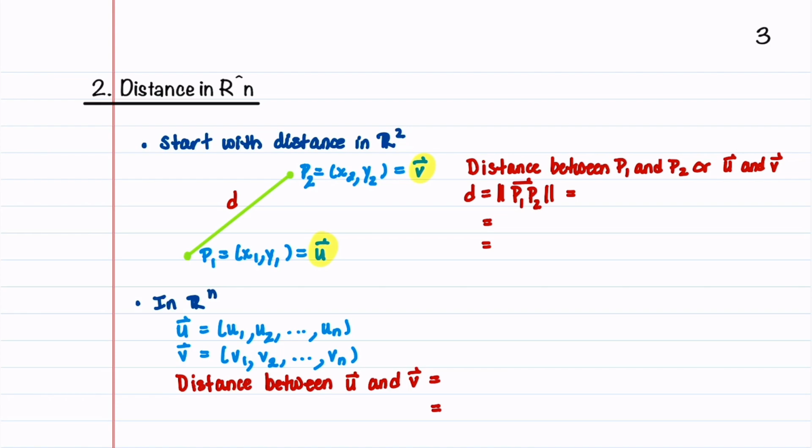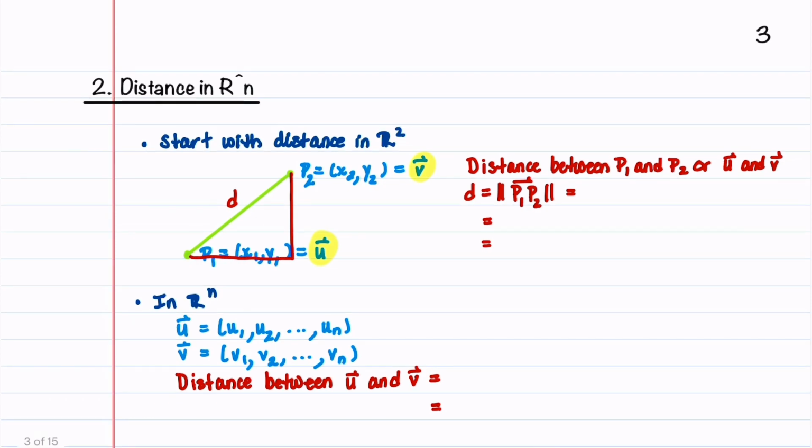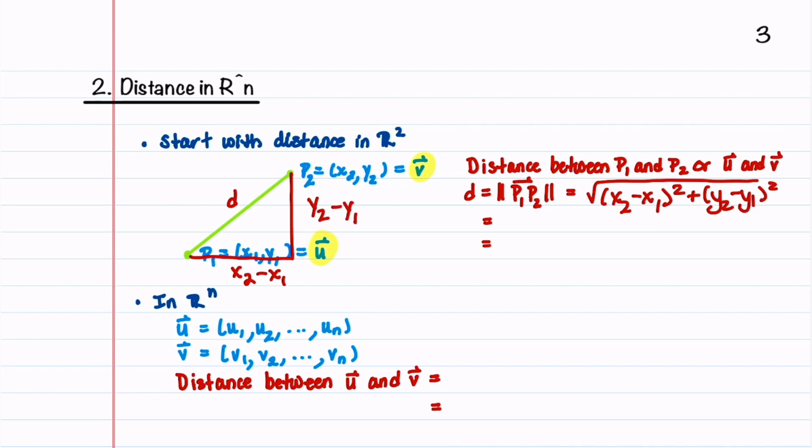Let's remind ourselves that these two distances are equal to x2 minus x1 for the bottom leg, and this other leg is going to be y2 minus y1. So the distance between these 2 points, P1 and P2, is equal to the square root of (x2 minus x1) squared plus (y2 minus y1) squared.